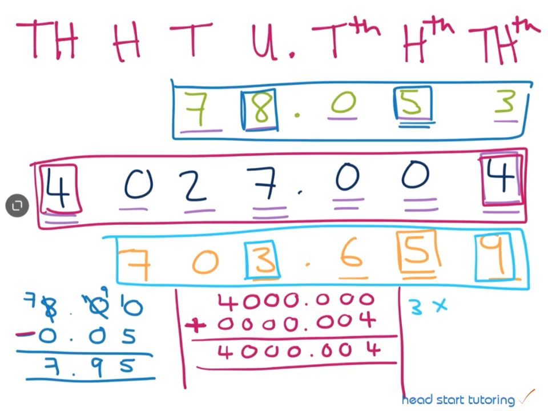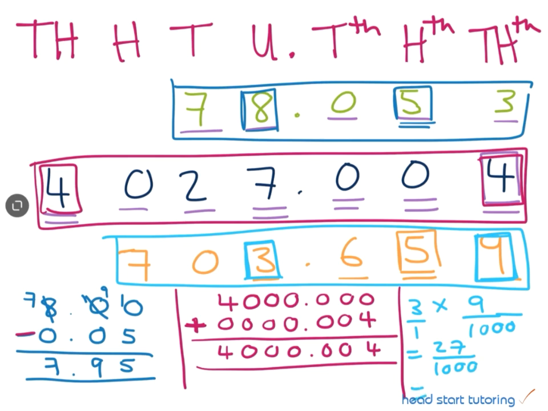And then I need to multiply that by the value of the 9 in this number, which is 9 thousandths. So I'm going to write it as a fraction because I'd like to do my multiplying with decimals. I'd like to first convert them into a fraction and then bring it back into a decimal. So 3 units multiplied by 9 thousandths will give me an answer of 27 thousandths.